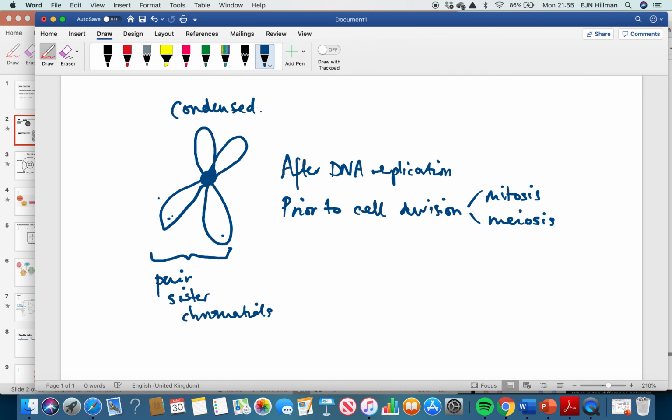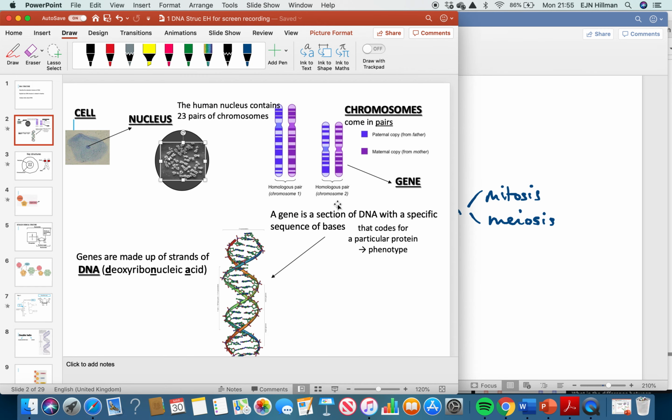Okay, now if I go back to here, even this diagram is also a little misleading, because again, this shows the condensed form of the chromosomes, but it's perhaps a little bit more realistic about what you would expect to find before DNA replication. It shows the homologous pairs. So chromosomes come in pairs.